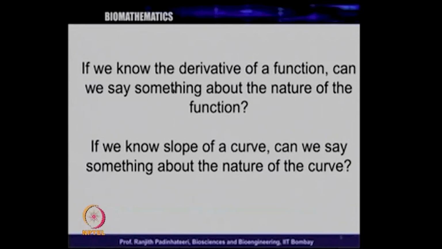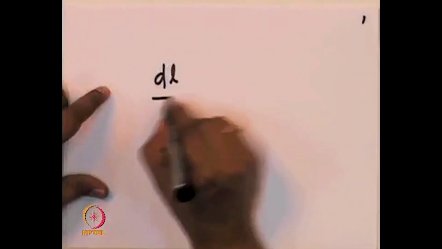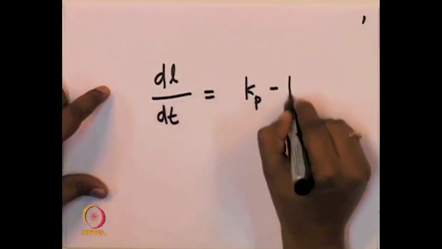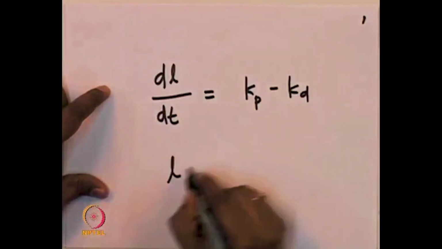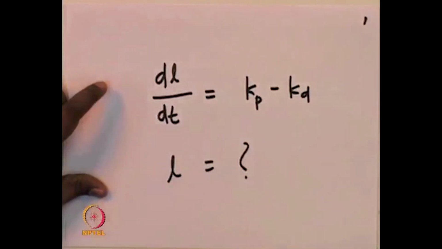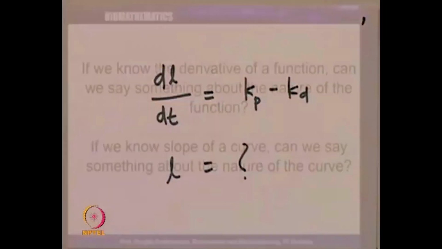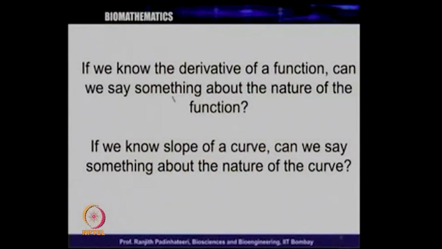Just to give you this idea, we had dl by dt, we had kp minus kd. What is L? This is what it is asking.